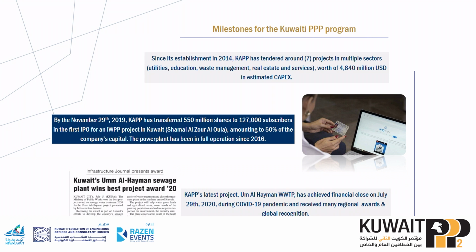Since the establishment of KAPP, we have tendered many projects. The main two projects: we have Az-Zour North 1, which reached the financial close in 2013 and started operation in 2016, and by November 2019, KAPP transferred 550 million shares to people who subscribed in the first IPO for an IWPP project in Kuwait.